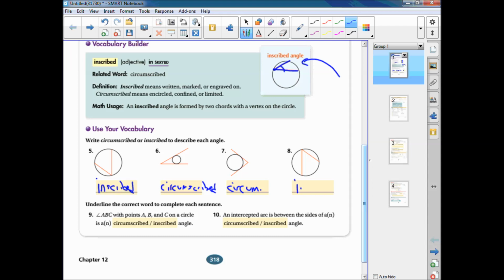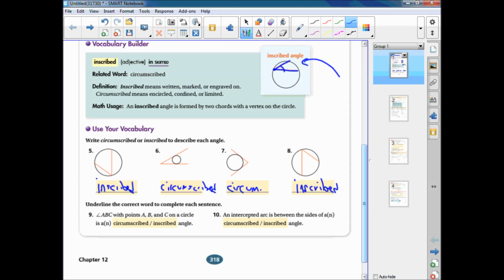And the last one is inscribed. So inscribed, the angle is inscribed inside of the circle in this case, and the circumscribed, the circle is inscribed inside the angle, or the angle circumscribes the circle, so it's outside of the circle.